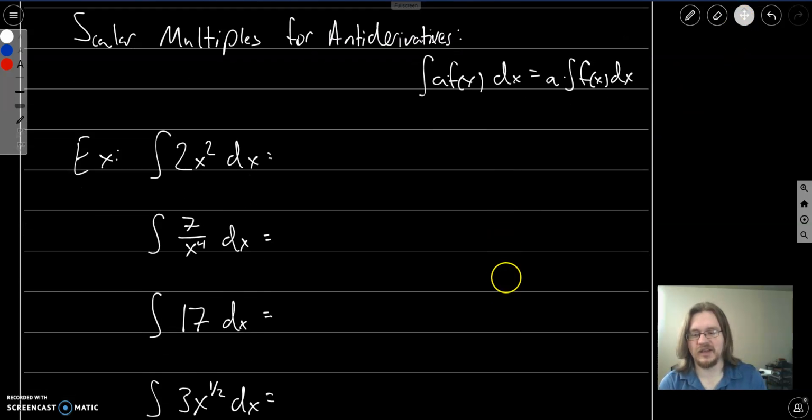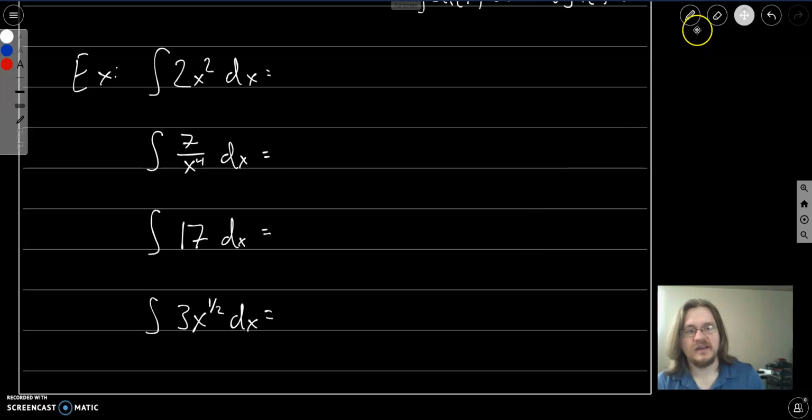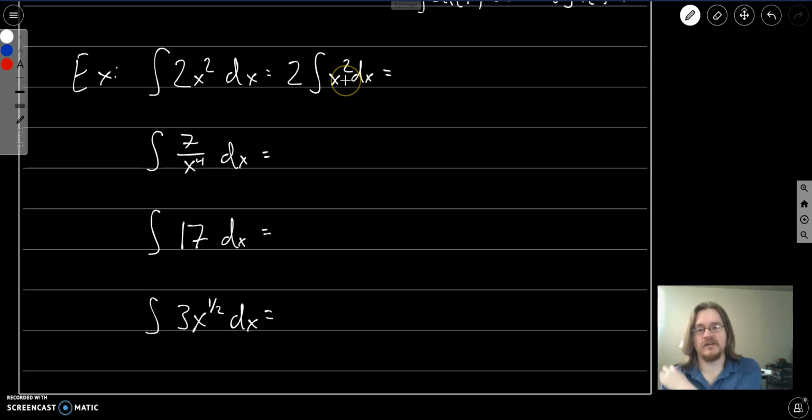So we can look at a few examples here. So I have 2 times x squared. First and foremost, I've got this 2 out front. I can pull the 2 outside of the antiderivative. And then from here, it's just using our power rule.